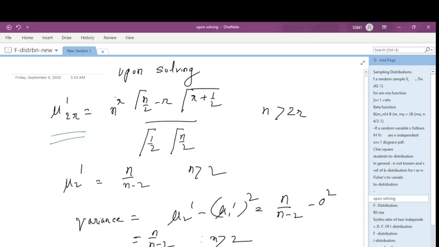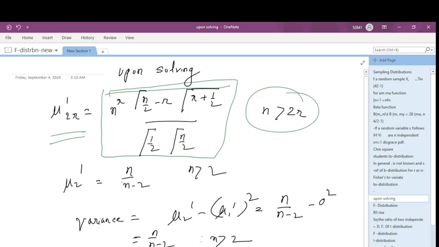After you solve it, the values come in terms of n or r, with a gamma function, and n is greater than 2r obviously. When we put r equal to 1, we get the second order moment about the origin, mu2 dash, equal to n by n minus 2, and this holds for n greater than 2.